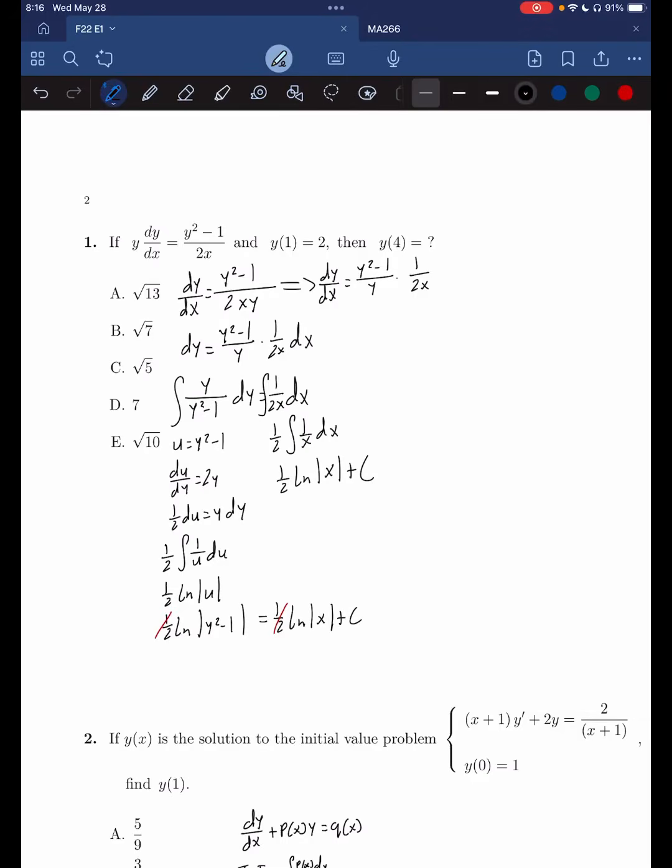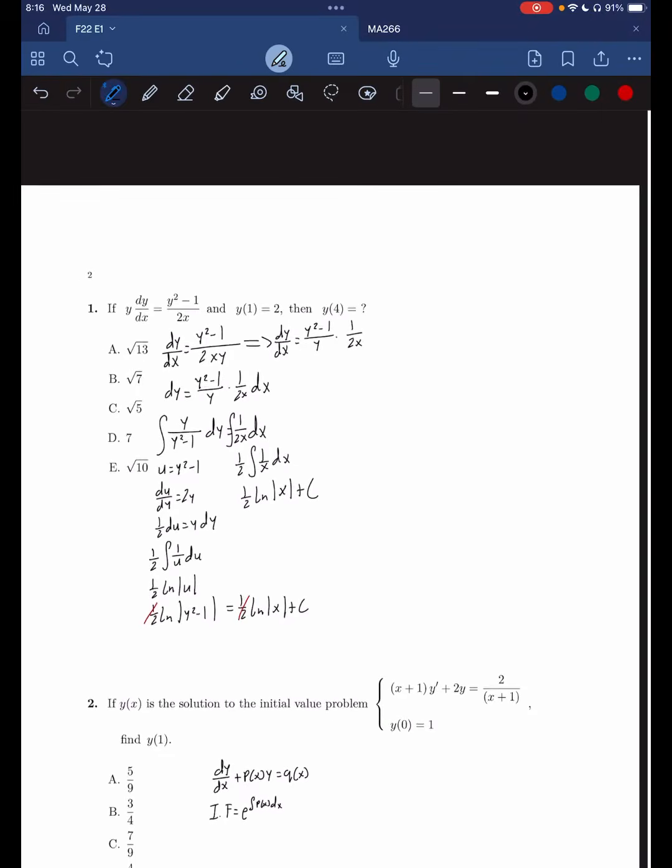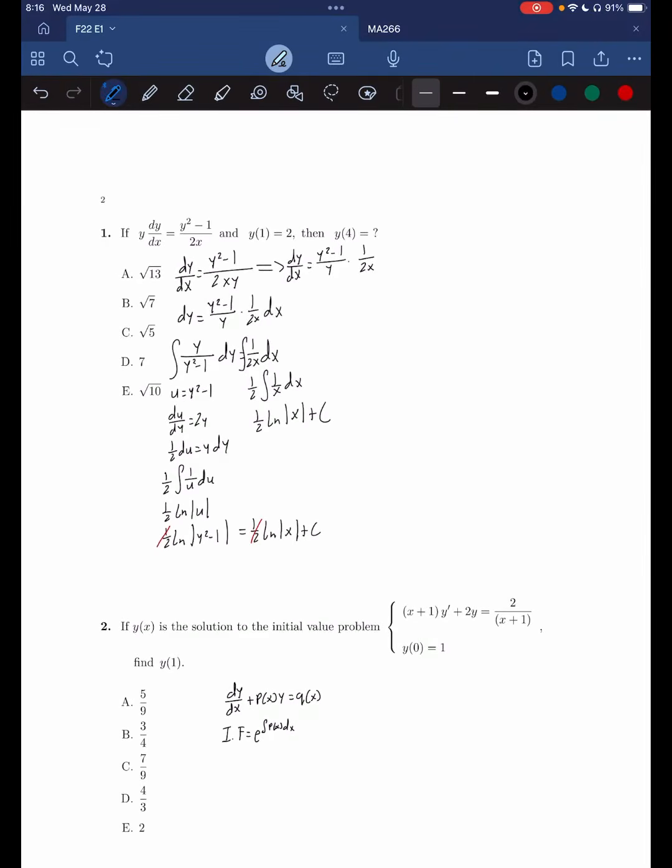So the easiest way to get rid of the ln is to just raise both sides to e, right? Because when you have e to the ln of, let's say, a, you're just left with a. So e to the ln of y squared minus 1 is y squared minus 1. And e to the ln x plus c. Well, you have to be pretty familiar with this trick because it happens all the time when you're solving separable ODEs.